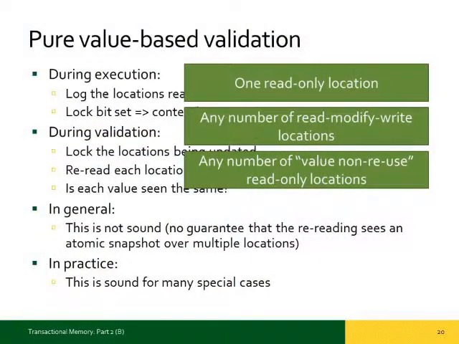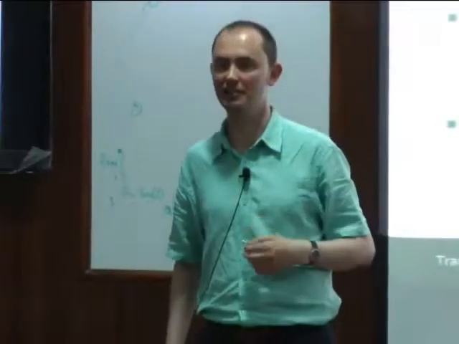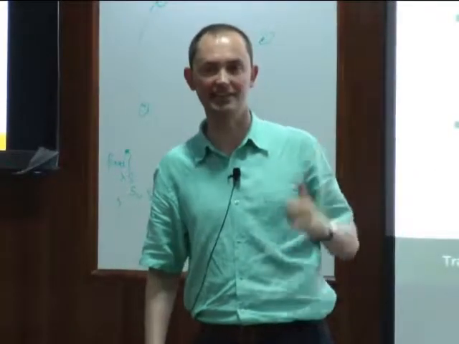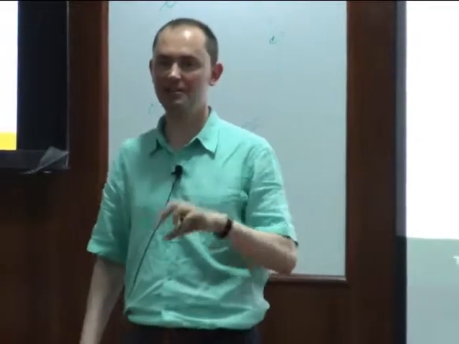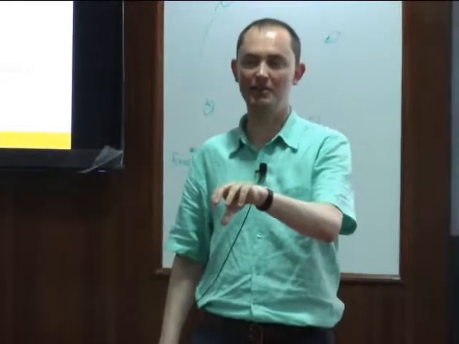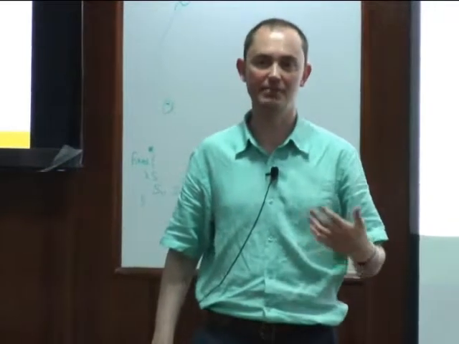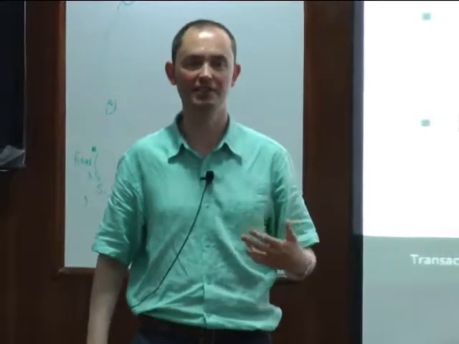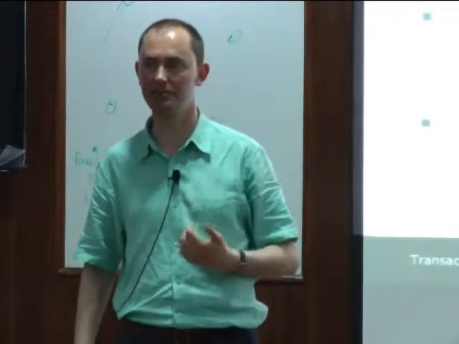One possible property is if the transaction only reads from a single location, then it's correct to validate in this way. That's because if we just need to look at one location, then we're going to see an atomic view of it. The basic processor memory read primitive is going to give us an atomic view of that one location.